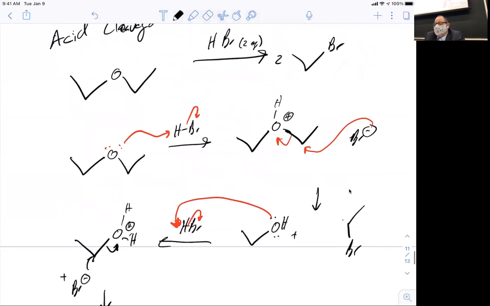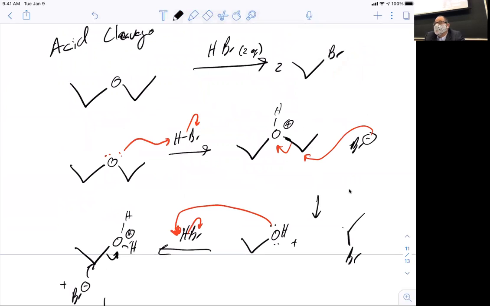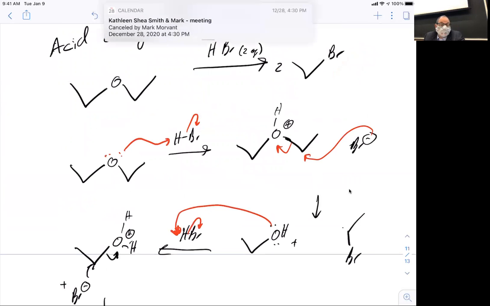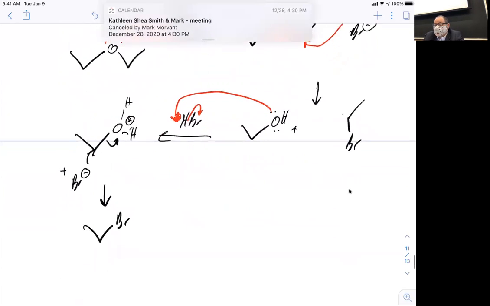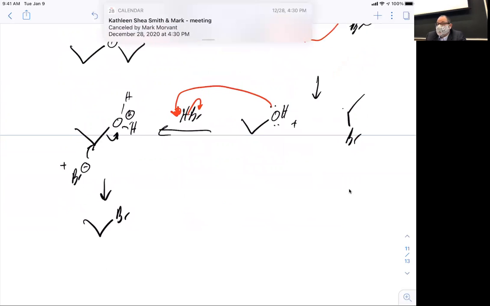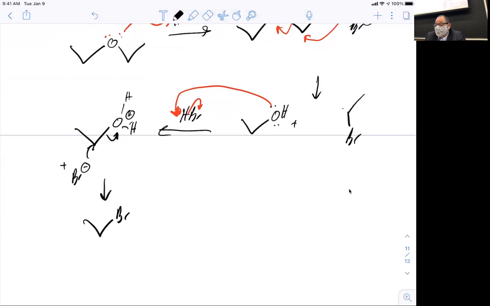Okay, so with excess or two equivalents, I'm going to end up with two alkyl halides, right? Because I can cleave the ether and then I can get a substitution, the alkyl halide. And again, if we think about it, this last step is a conversion of alcohol to a halide.